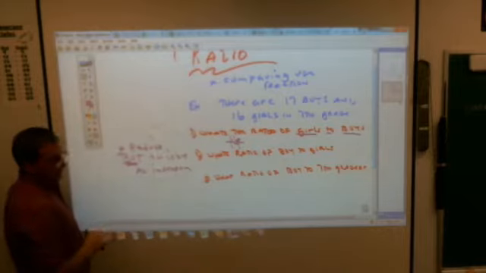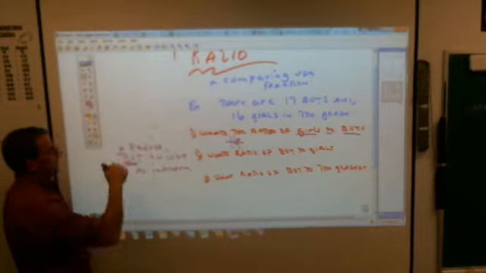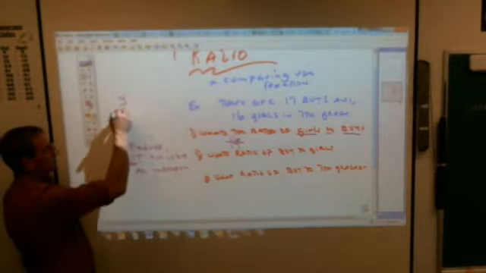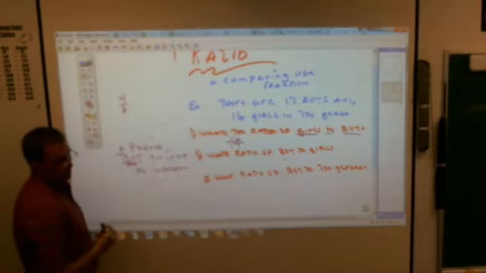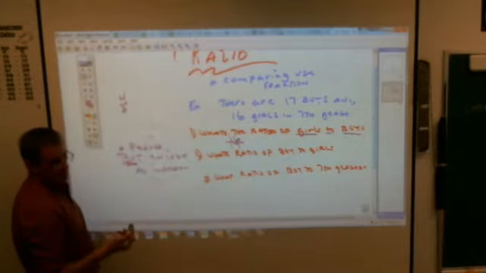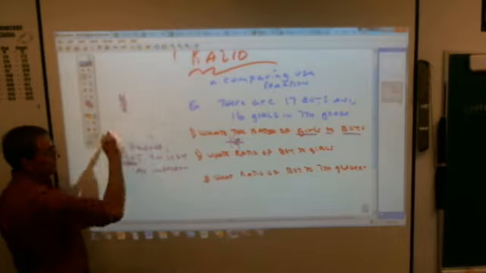You do not change it to a mixed number because if my ratio is 4 to 3, let's say there's 4 boys to 3 girls, and you change it to a mixed number, you get 1 1/3. You say the ratio of boys to girls is 1 1/3. It doesn't make any sense. So you leave it as improper.